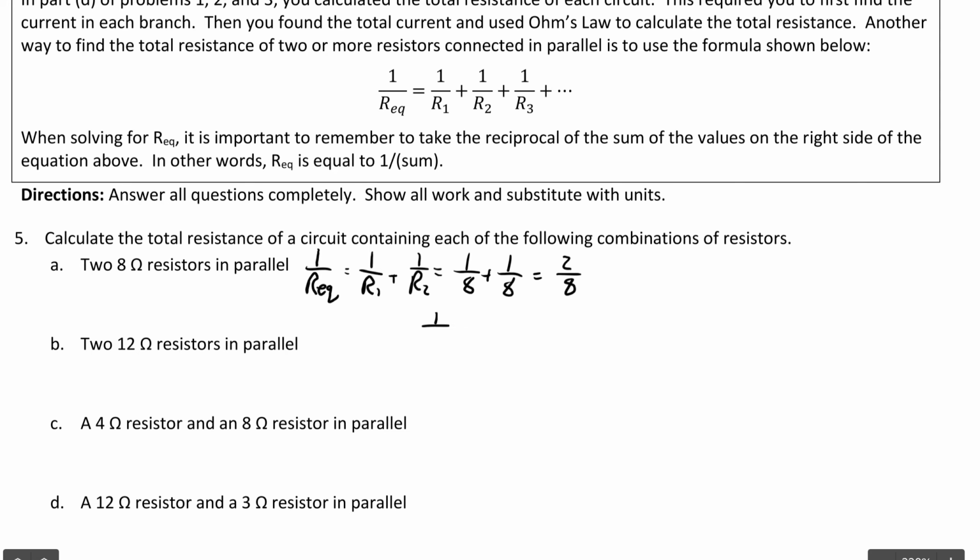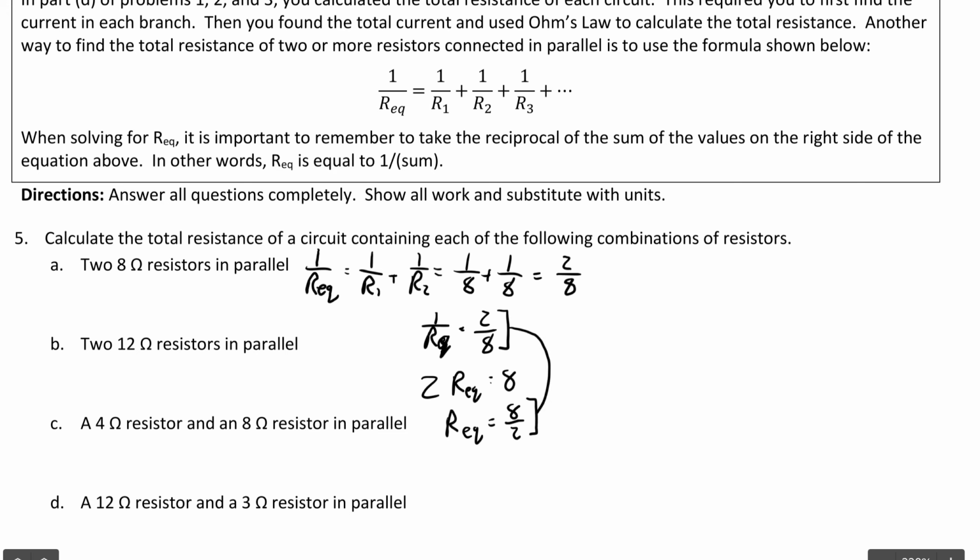But remember, that's 1 over Req is equal to 2 over 8. And then you take the reciprocal, or you cross multiply. Well, I guess we'll cross multiply. 2 times Req is equal to 8, and then you do Req is equal to 8 over 2. See how we just flipped? We end up just flipping the fraction.